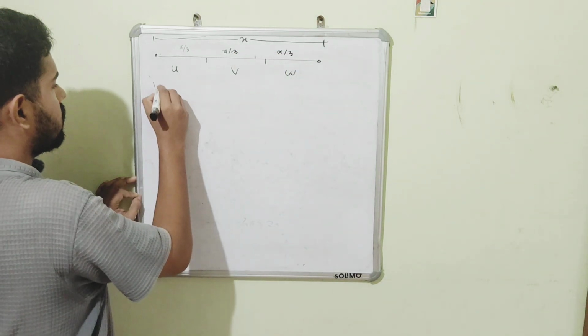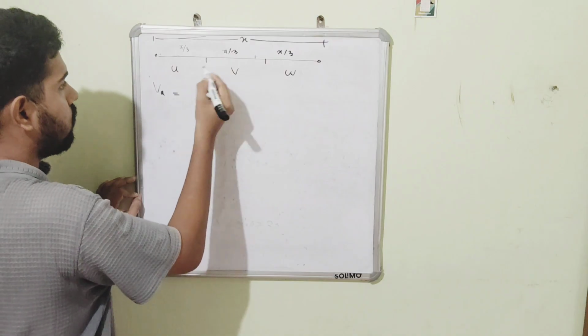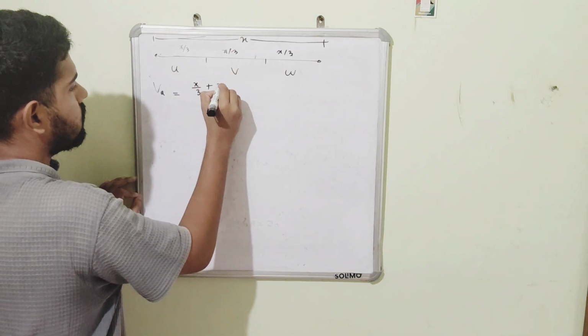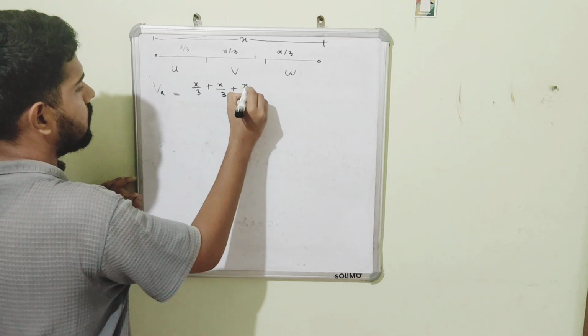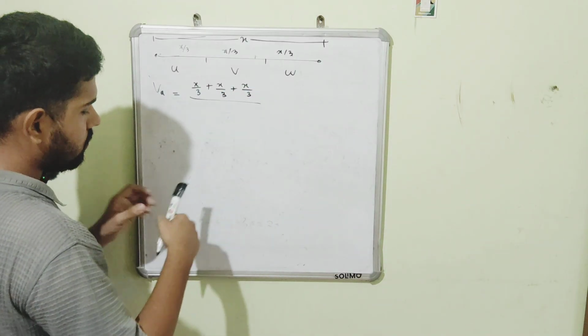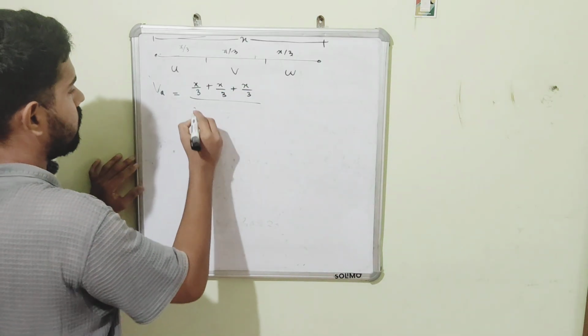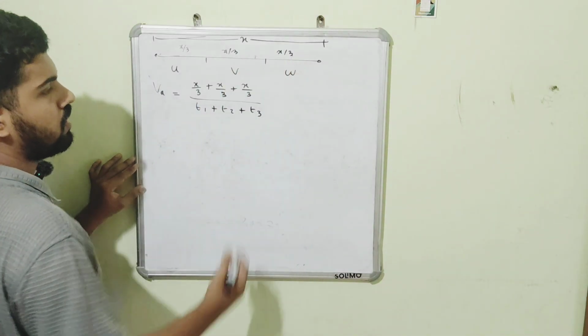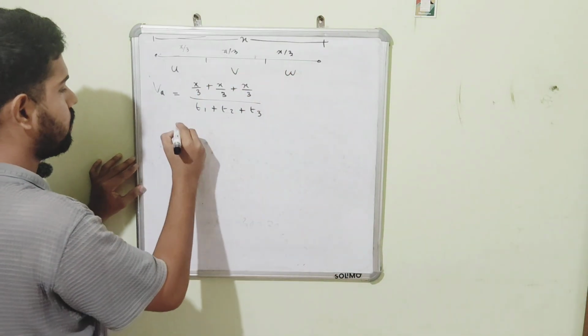Then again our equation for average speed is total distance, that is total distance is x by 3 plus x by 3 plus x by 3. And then our time t1 plus t2 plus t3, because 3 kinds of journeys are there.